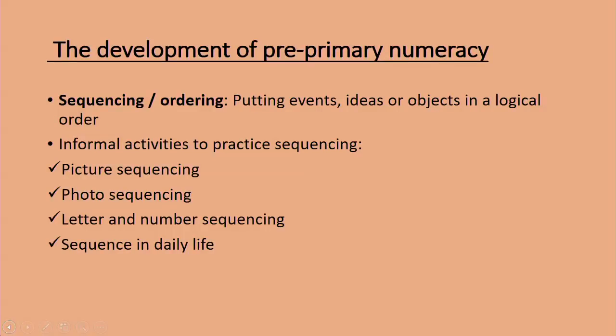Now what are the activities that we can do to make learners understand sequencing? Sequencing is simply putting events, ideas or objects in a logical order. The practical activities that we can do, the first one is picture sequencing. What do we mean by picture sequencing?